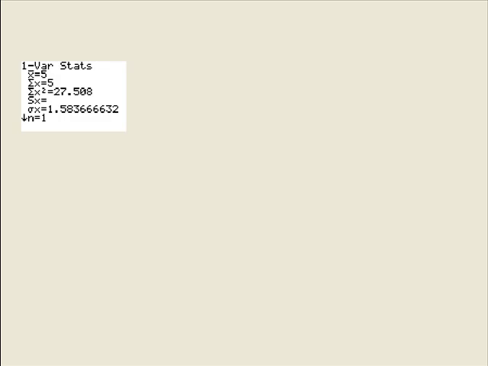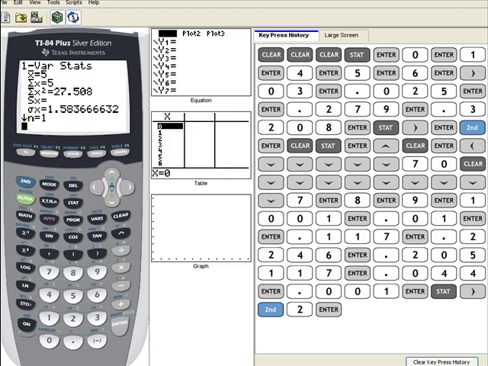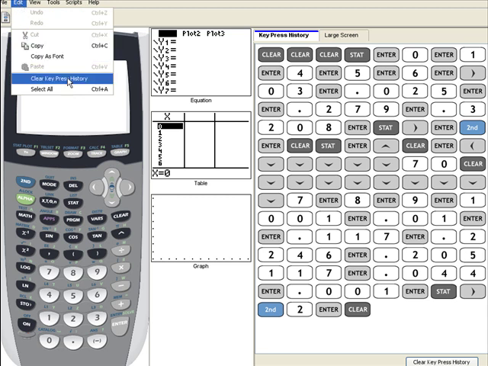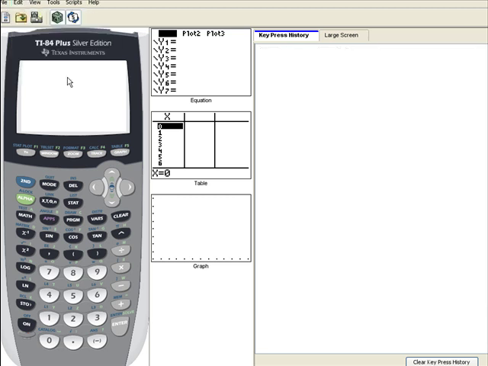I need combinations of 16. Math, I want to go to combinations, which is number 3, taking 6 at a time.